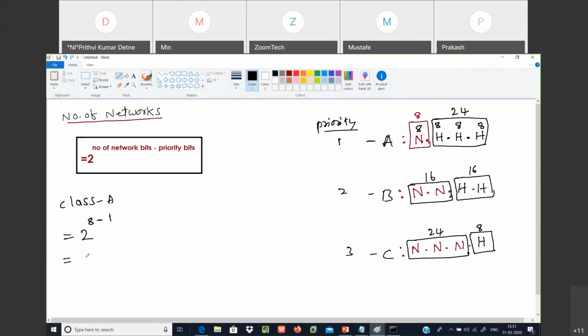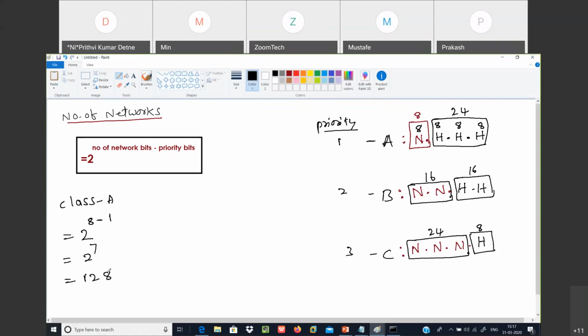That means 2 power 8 minus 1, which is 2 power 7. What is the value of 2 power 7, guys? 128 networks only.